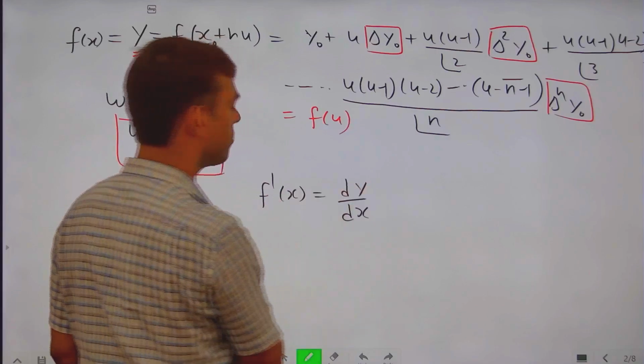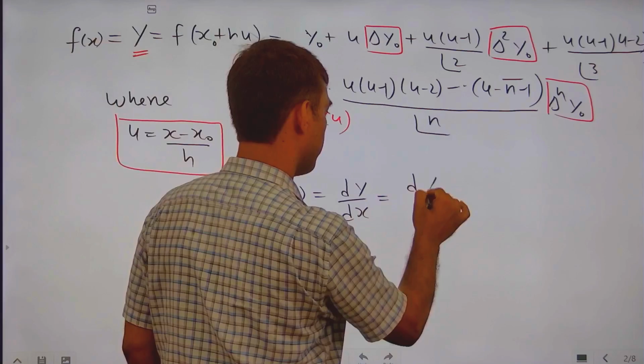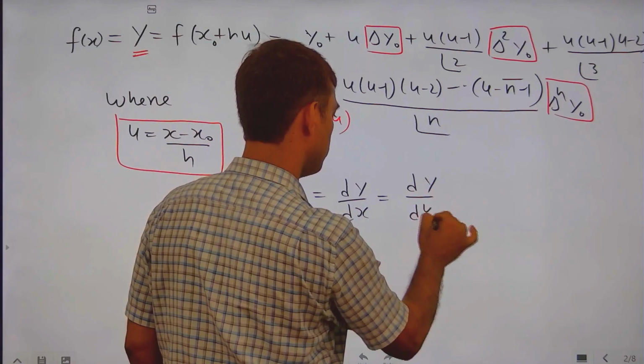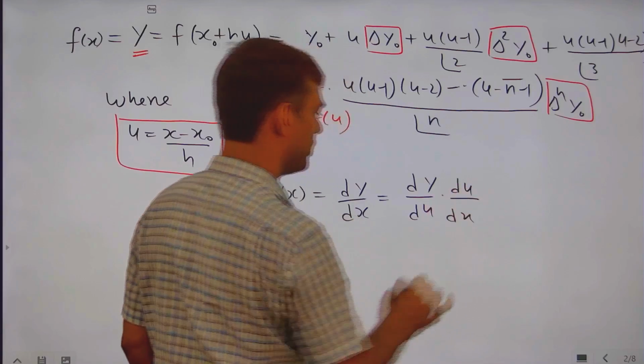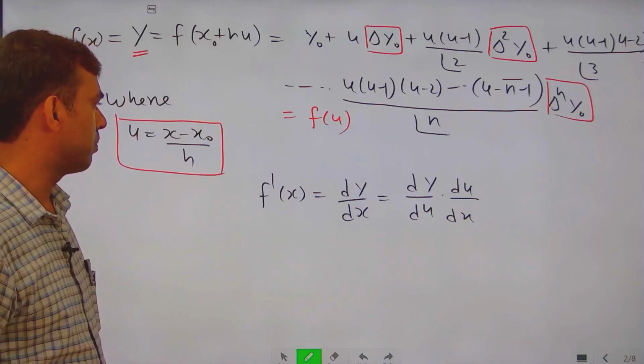Since y is a function of u, we need to write dy by du into du upon dx by the chain rule.